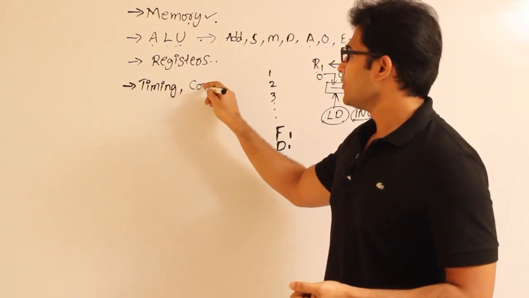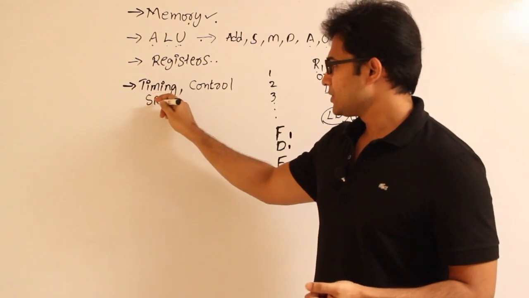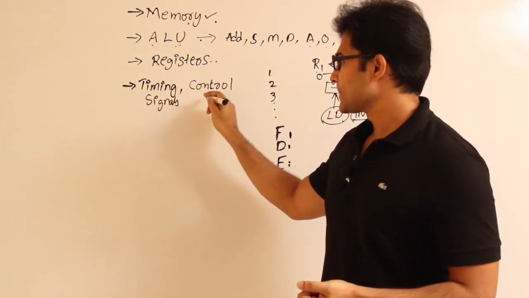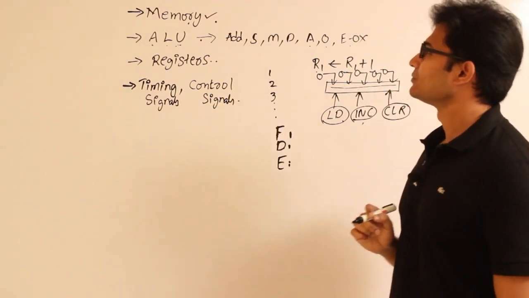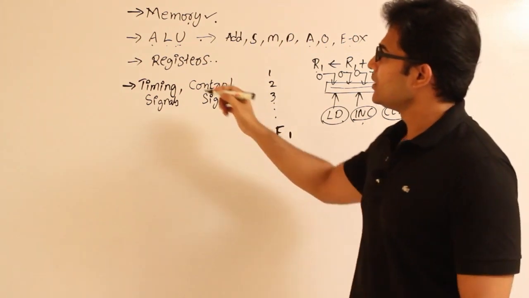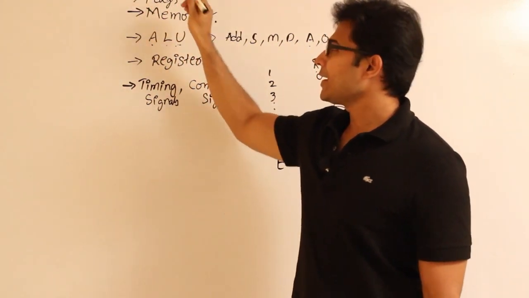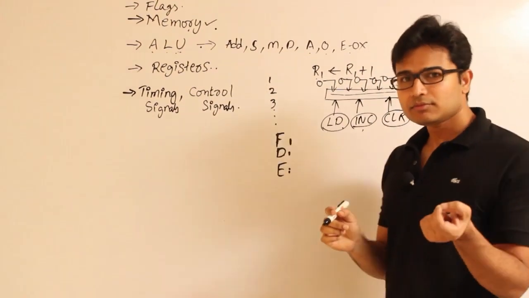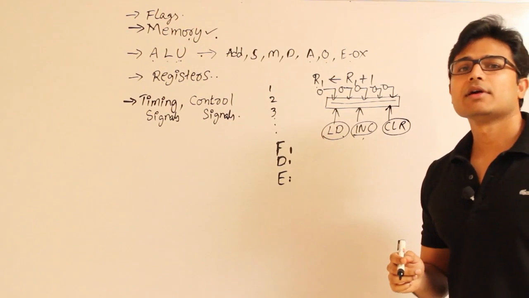For that we need control signals. Therefore we need timing signals as well as control signals. We need these two, right? And along with them we even need something called flags. So what are flags? Flags are nothing but 1-bit information, which is nothing but a flip-flop.